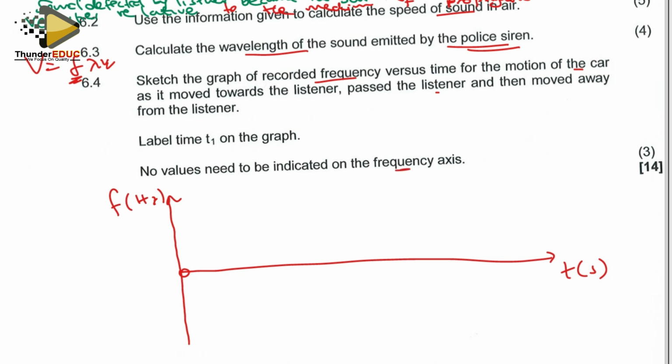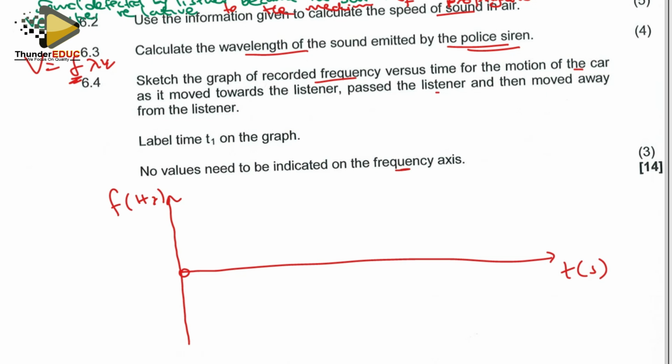So frequency versus time of the motion of the car as it moves towards the listener and then away.